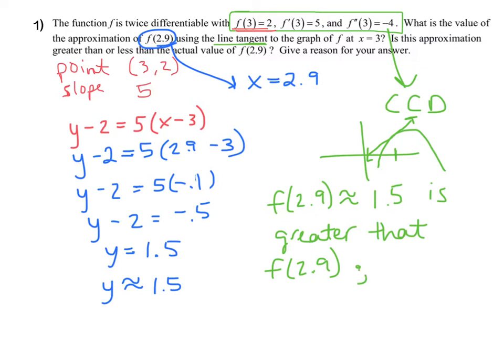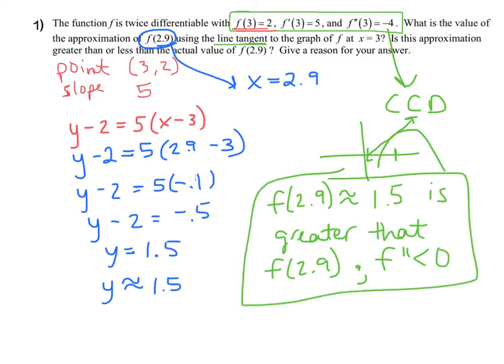And the reason for that is because my second derivative was less than 0, making the graph concave down. So that's exactly what you would need to write, that the approximation was greater than the actual value, and that's because the second derivative was negative.